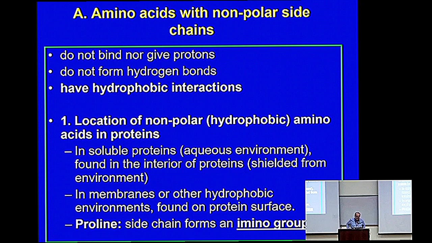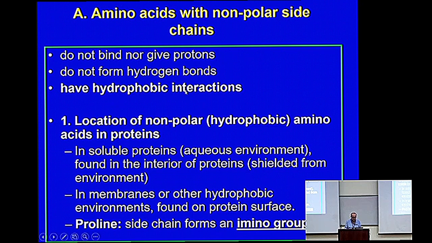The only thing they can form is something called hydrophobic interactions, which means they can interact with like side chains. For example, the alanine side chain can interact with the valine side chain. But neither one can interact with water because they are nonpolar.